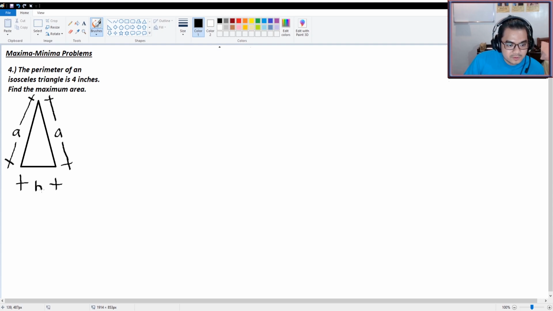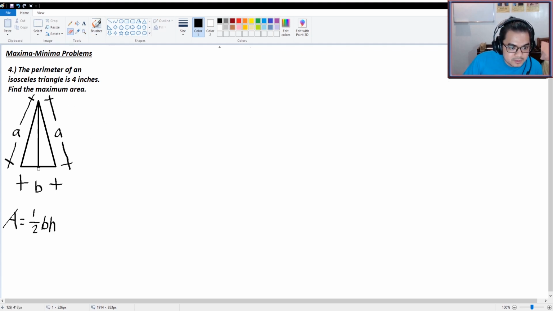So this is your base. Okay. Now, what will be the area of that triangle? Of course, we can just use the simplest one, which is 1/2 base times height. And what is the length of the height? Of course, that is from here to here. That will be your height.